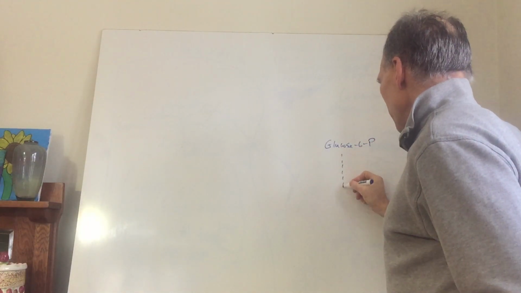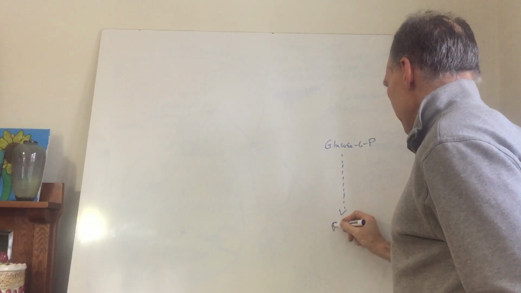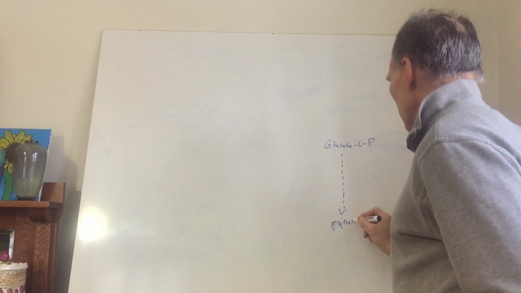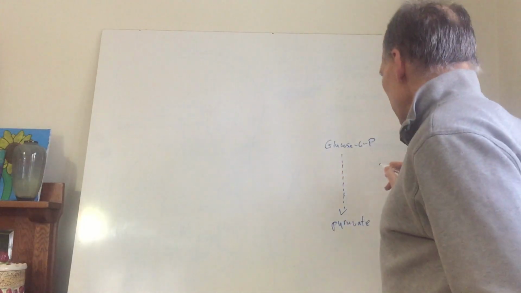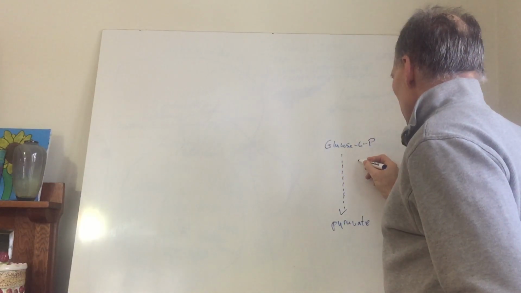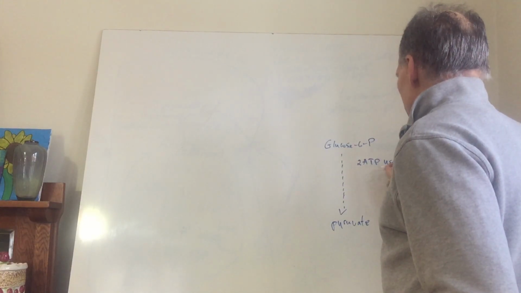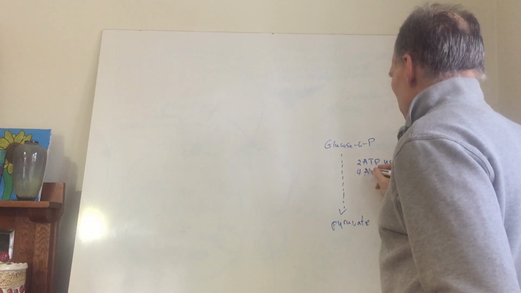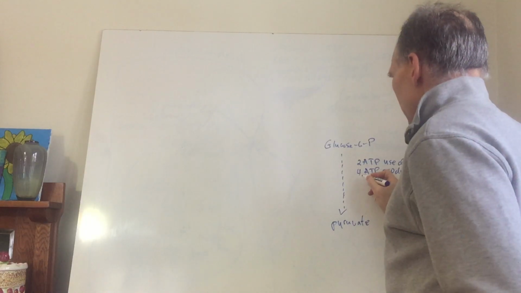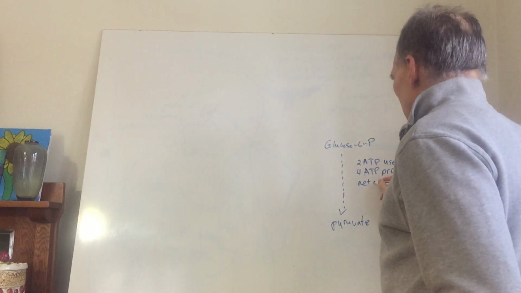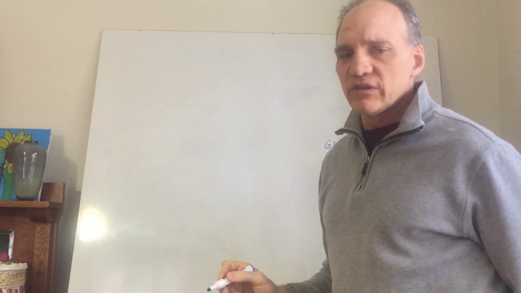I'm skipping over a bunch of steps here, but in the end, you're going to get pyruvate. In the process of glycolysis, there's 2 ATPs that are used in that pathway, and there's 4 ATPs that get produced from that pathway. So in the end, you have a net of 2 ATPs that are produced from glycolysis.